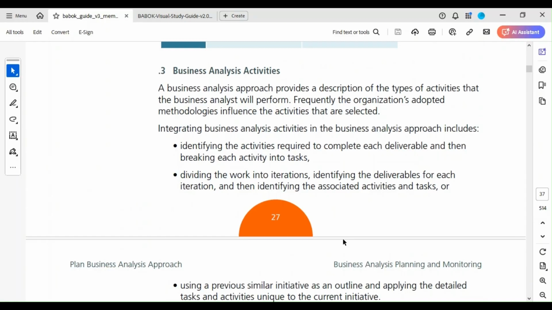So it tells you here that this includes breaking it down, going historical, and also dividing the work into iterations.